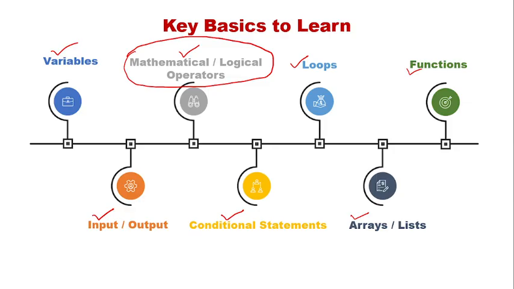So the main basics are variables, how to declare those variables, and input output values. Then mathematical logical operators. How many operators we have, and how to write the condition statements. So if conditions, while, switch case, do while, those things. Again loops. Loops means how to write your for loop, while loop, those things, right?